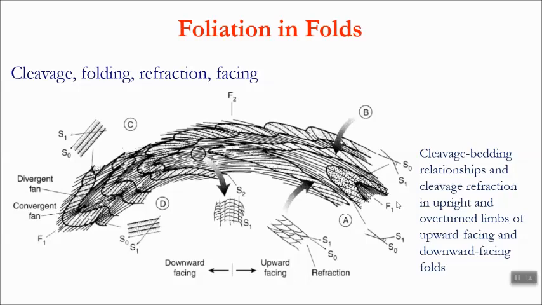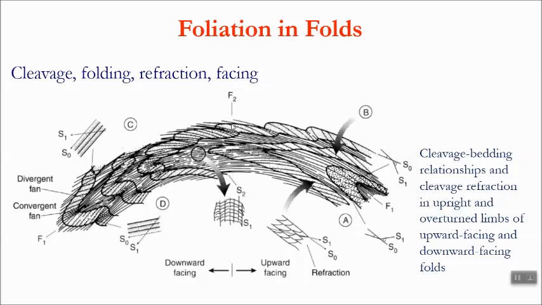Now there are two sets of folding here. If we see the first, this rock is folded along this F1, so this is the axis of this F1 fold. Now this particular fold is not going in a straight line; rather, it itself is getting folded in a different axis, which is this F2 axis.